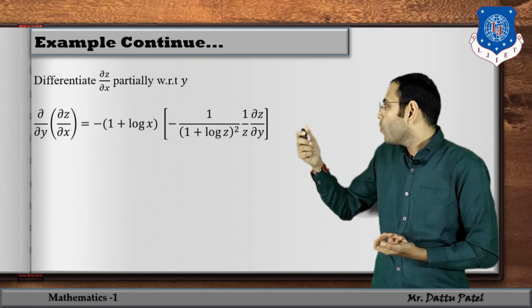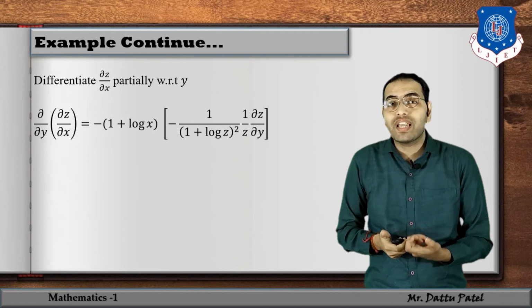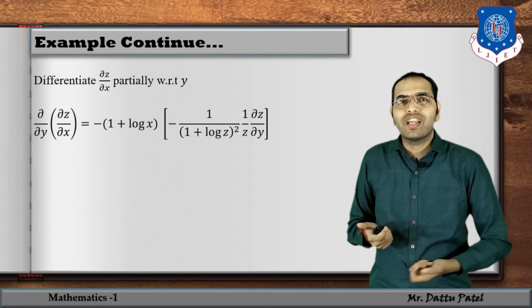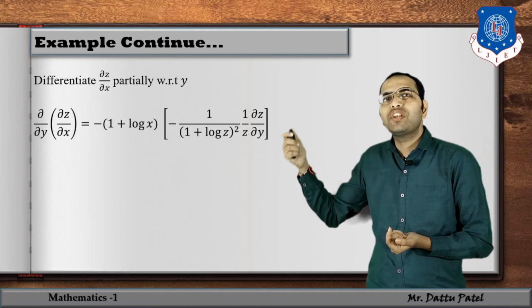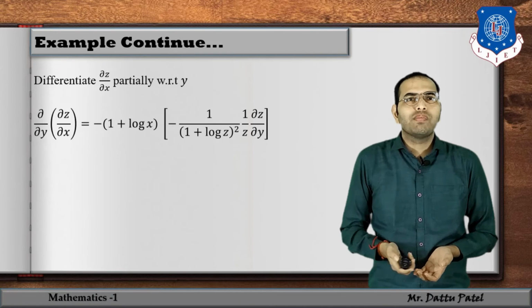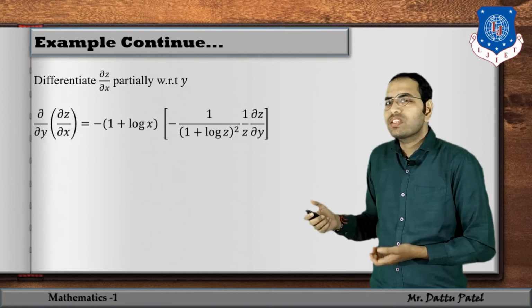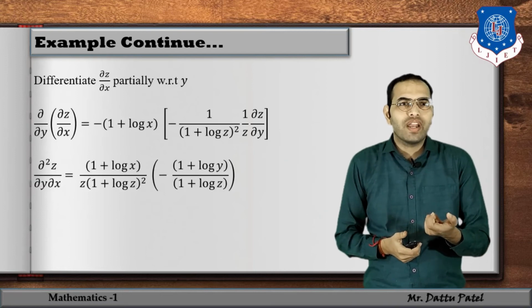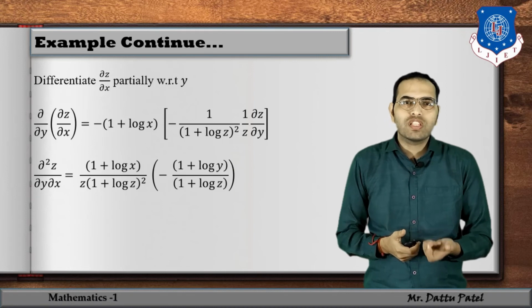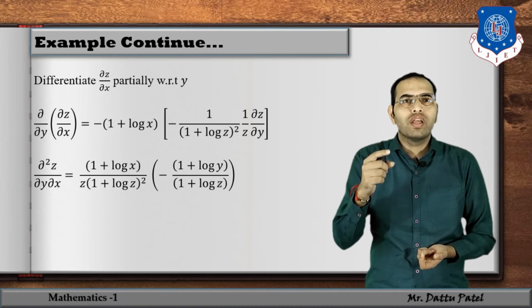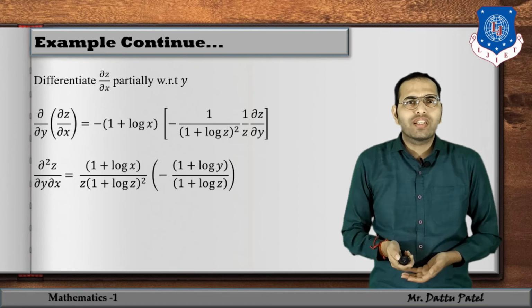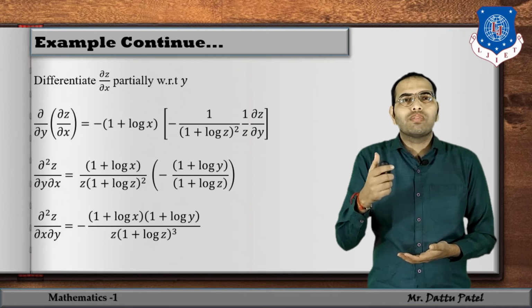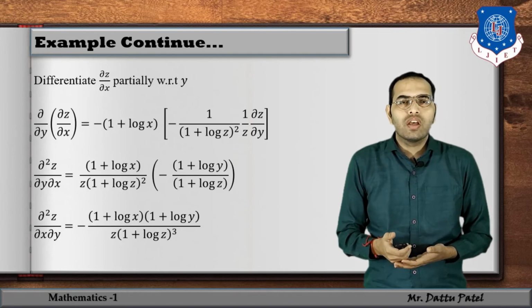The derivative of 1 upon (1 plus log z) is minus 1 upon (1 plus log z) whole square, into the derivative of log z, that is 1 upon z into ∂z/∂y. Now simplifying and substituting the value of ∂z/∂y, it becomes minus (1 plus log x) into (1 plus log y) upon z into (1 plus log z) whole cube.